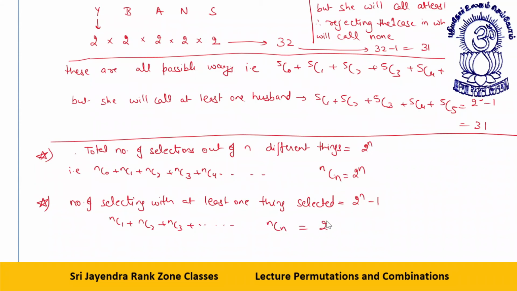That is equal to 2 raised to power n. This one case comes over here and gets subtracted, minus nC0, or this is equal to 2 raised to power n minus 1. nC0 is 1. You already know this. Okay, dear students, clear to everyone? Fine. You can have a look at it.